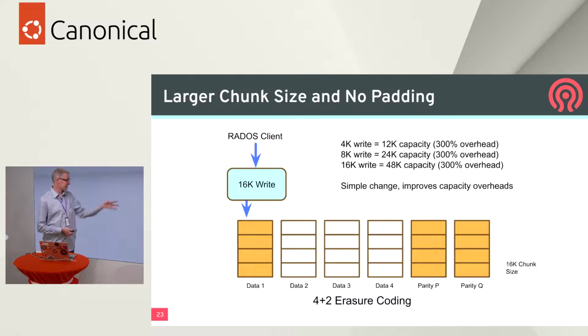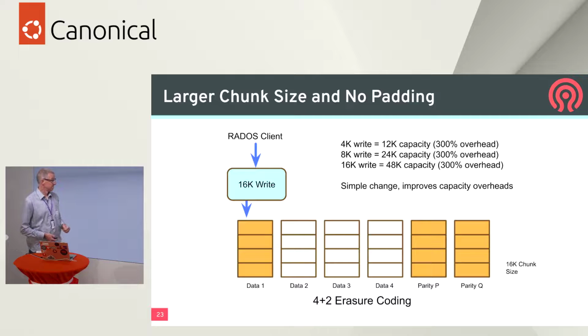And so that says, with my 16K chunk size, a 4K write now only has 300% overhead, and 8K and 16K writes have the same 300% overheads. As I get bigger than 16K, now my overheads start going down. So that's bringing the overheads into a more acceptable range.